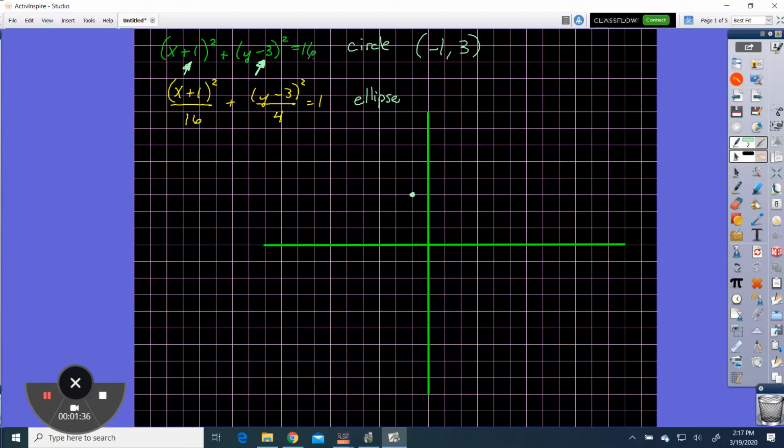This is the radius squared. So to just get the radius, we take the square root of that number. So the square root of 16 is 4. So the radius is 4. Meaning from this dot, I'm going to go 1, 2, 3, 4 in each direction.